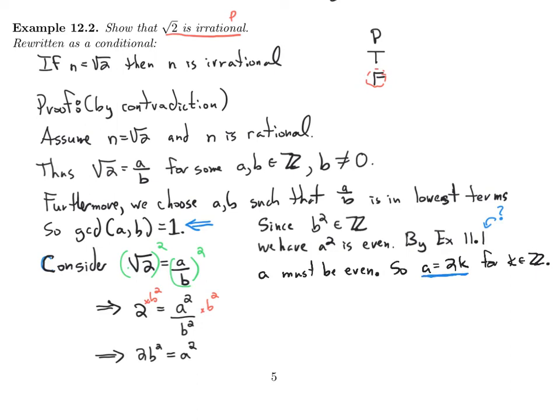So let's plug this back into the original expression, or equation, I guess. We have that square root 2 equals our even number a, 2k over b. I'm going to do the same thing. I'm going to square both sides again.